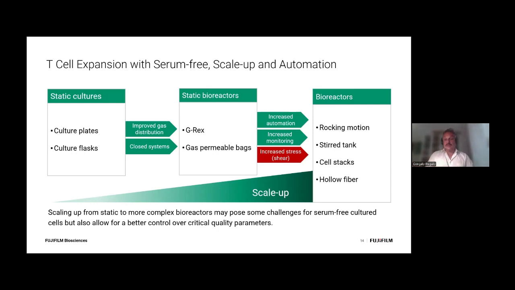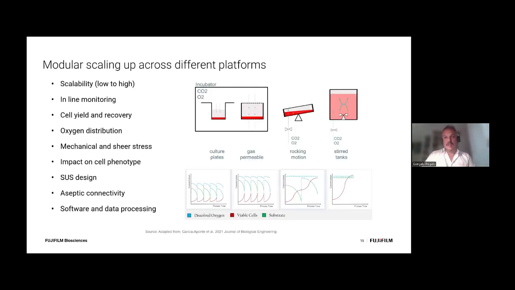So one has to have a very critical look at how we build this, to make sure we don't grow these cells in environments that are ultimately a little bit challenging, and to keep the cells and the process as under control as possible. An example of that is the way gases are distributed in these different platforms. I know many of you out there will be working with cell culture plates and flasks throughout most of your early development and academic career, so to say.